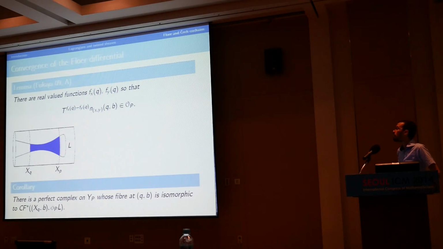But that's okay. Because what I can do is I can express the area here, the changing area, as follows. So first I fix this reference fiber in the base. Okay? Then I take this upper sheet and I look at the area below it. And I take this lower sheet and I take the area below it. That's the two real valued functions, fx and fy, that appear in this lemma.